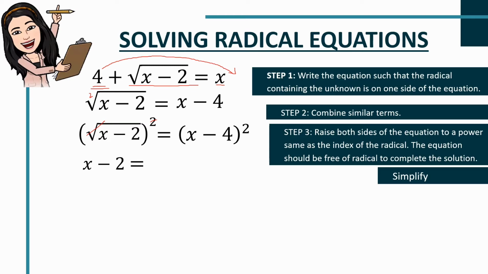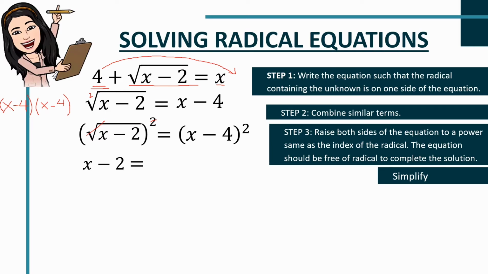So here, this is just the same as x minus 4 times, since naka-raise siya to the power of 2, ito ay same lamang ng x minus 4 times x minus 4. Do you understand? Okay, parehas lamang po yan. X minus 4 times x minus 4.